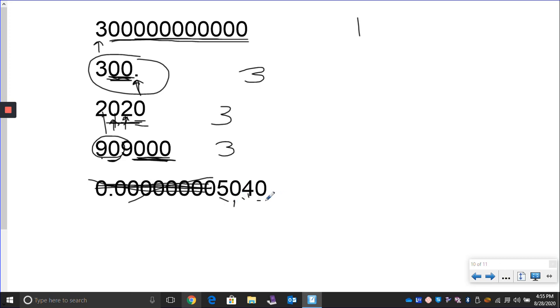What about this 0, ladies and gentlemen? It is trailing that 4. We count it because there is a decimal. We only count trailing zeros when there's a decimal. So we have 1, 2, 3, 4 significant figures in my last example.